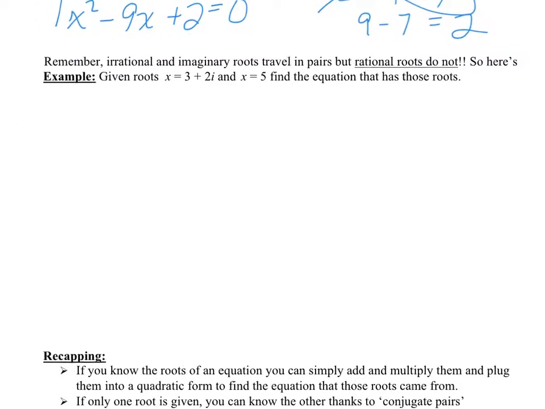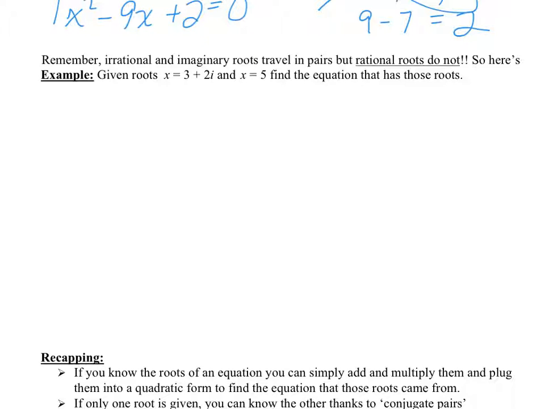Okay, so for this one, this is telling you that there are two roots that you know of, this one and this one. So the problem with that is that when you have anything with an i or a radical, it always has a pair. That's what the quadratic formula, negative b plus or minus the square root of b squared minus 4ac, all that meant: there were two answers whenever you get that radical.